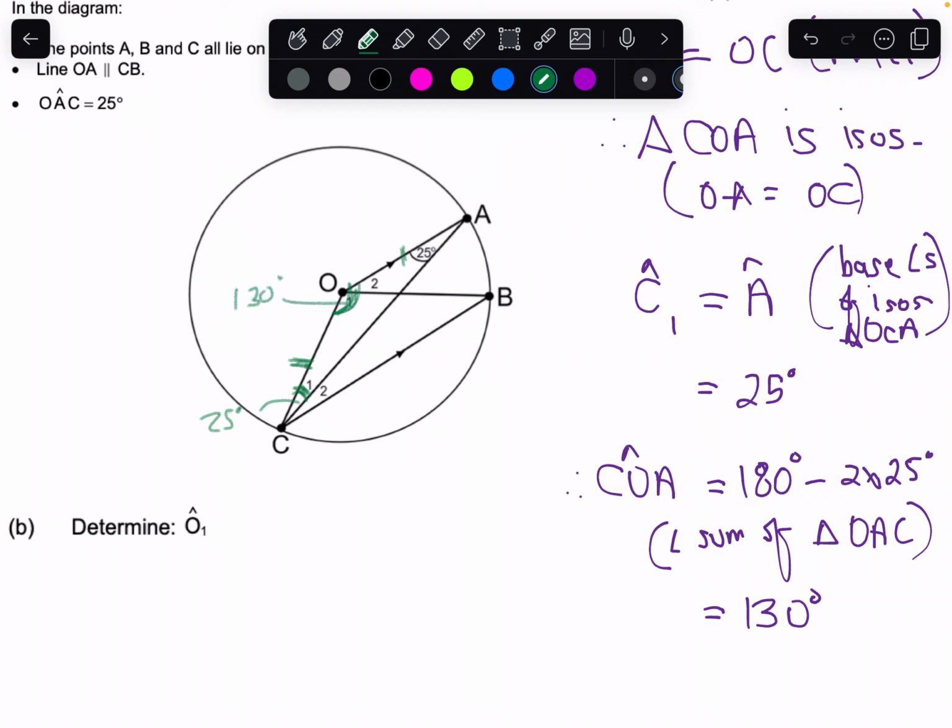I feel like if I can find the size of O2, which is alternate with this one, then I can find O1 because I know the size of the whole of O. So I know that B is alternate with this one, and this one is alternate with that one. How does that help me?